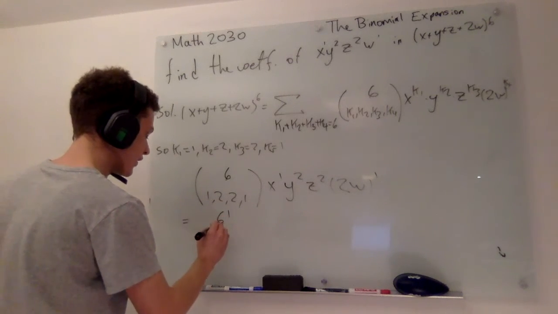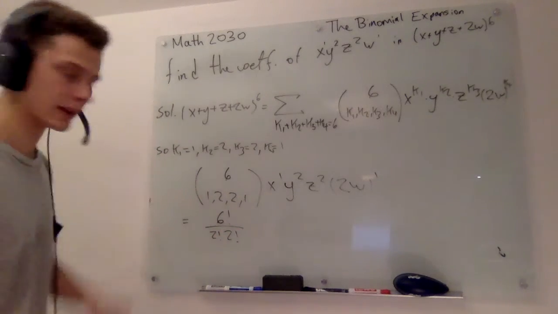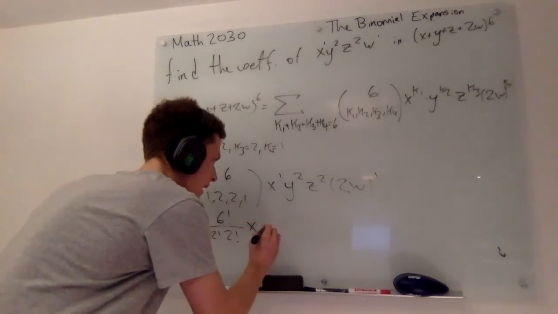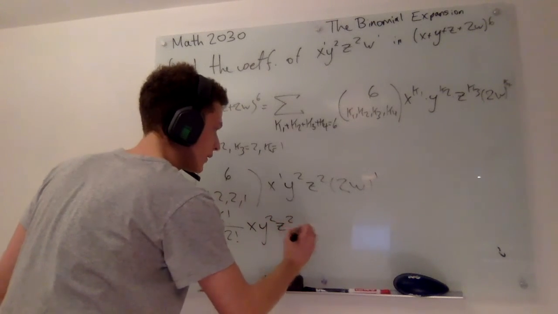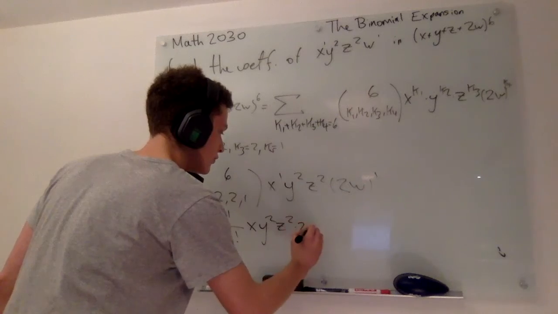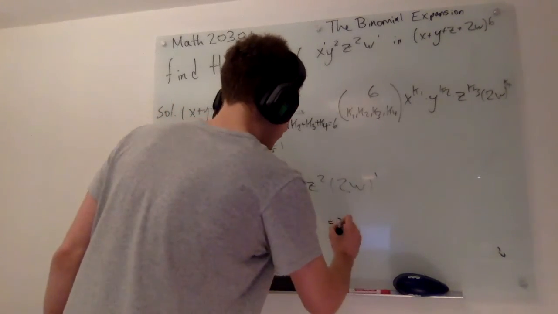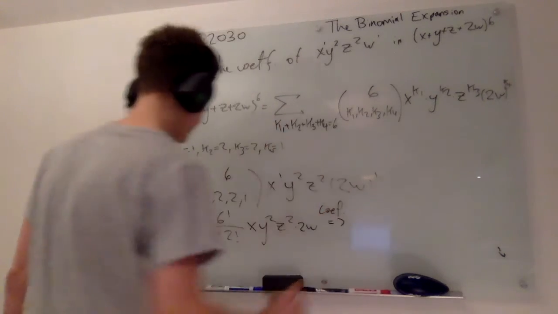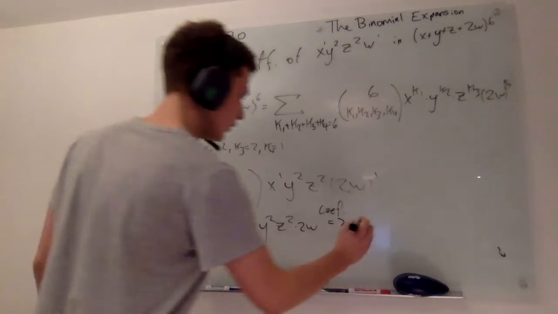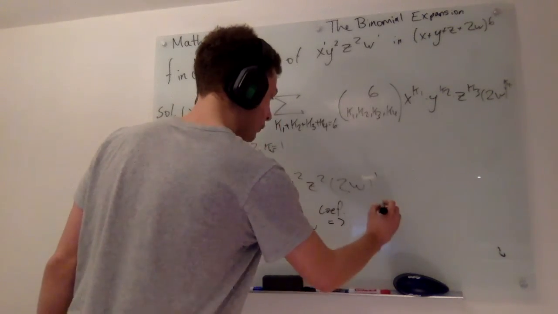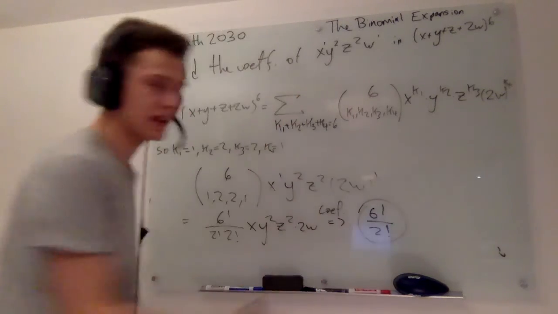We'll have 6 factorial over 2 factorial, 2 factorial. We can ignore the ones. We'll have x, y squared, z squared, and then 2w. And in fact, the 2 in the coefficient and the 2 factorial will cancel. So our coefficient for the term will be 6 factorial over 2 factorial. And that's our final answer.